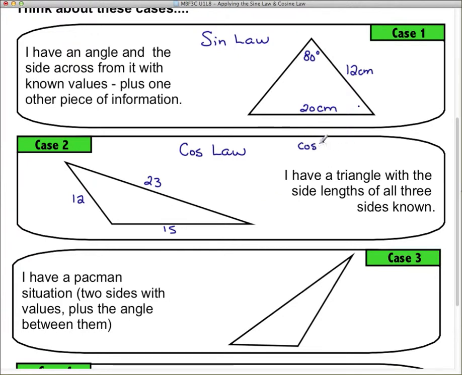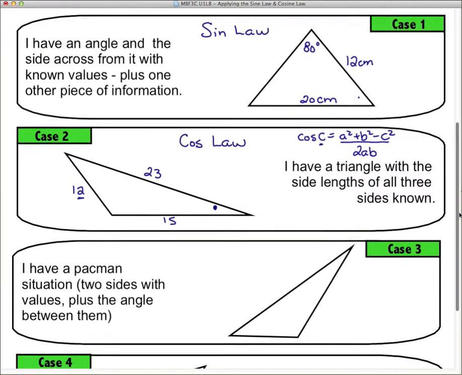This is where we have cos C equals a squared plus b squared minus c squared, and remember, this C is the angle you're trying to find. So minus c squared would be the side across from it. And then you have to divide this by 2ab. So that's a cosine law situation where all 3 sides have values on them.